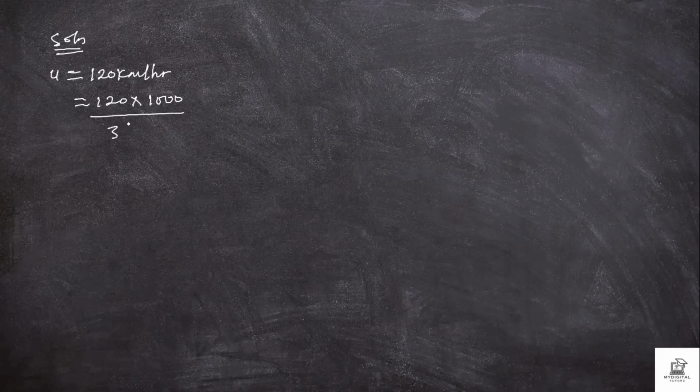So we're going to have 120 multiplied by 1,000 gives us 120,000, everything divided by 3,600. So when you do that, you have your initial velocity to be 33.3 meters per second. That's the first step.